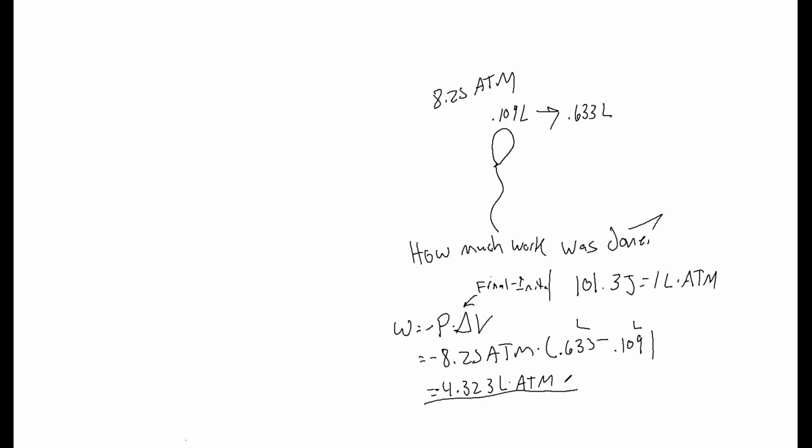Now I just need to convert that to joules. 1 liter atmosphere is 101.3 joules. So the amount of work done is negative 438 joules. So that's how you calculate work when you're changing volume against the pressure.